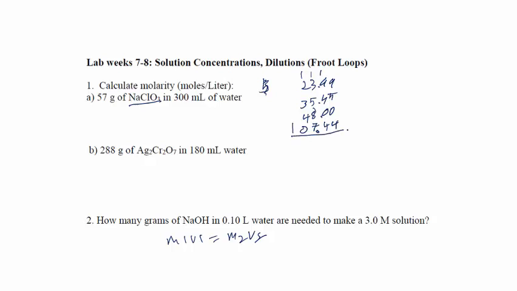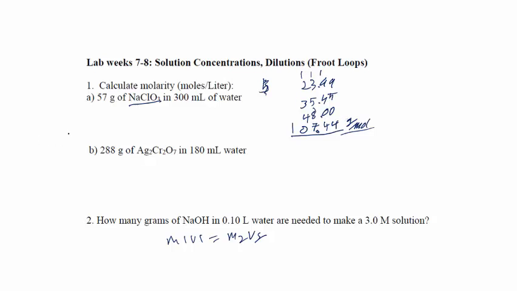It looks like it's 107.44 grams per mole for the molar mass of sodium chloride.